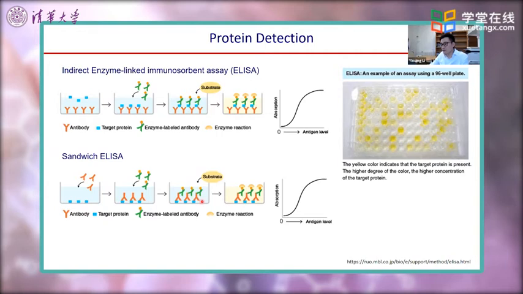So if the antigen, or the virus, is present, the first antibody and the second antibody will stay in the well, and the enzyme linked to the second antibody will be present and will convert the substrate to a dye. And if the virus is not there, the first antibody will be washed away, and so there will be no secondary antibody, no substrate conversion to dye, and no color. It works in a very similar way.